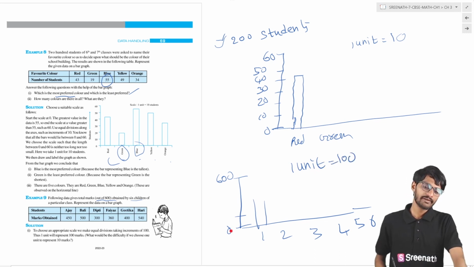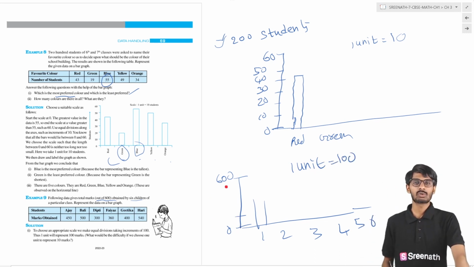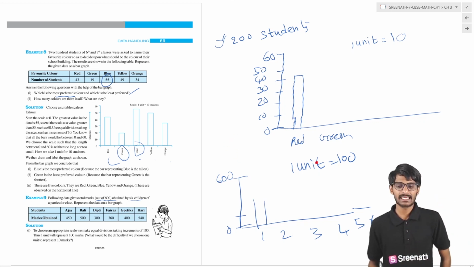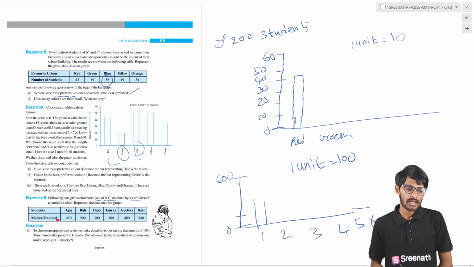Why? Because if you take 1 unit equal to 10, it will keep increasing and be somewhat difficult. By taking 1 unit equal to 100, since all are around 400 to 500, it will be very simple. 300, 400.